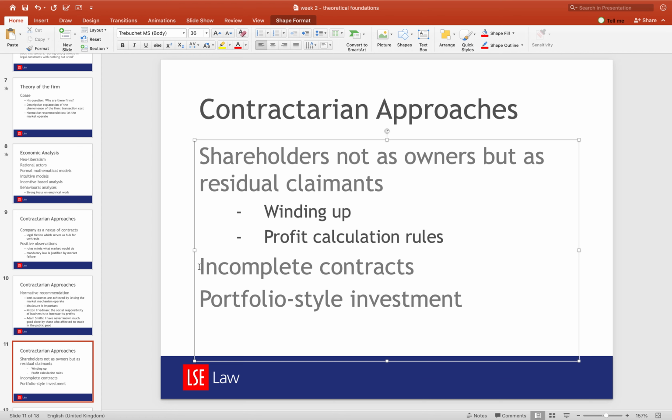And also another important fact to take into account is portfolio theory, meaning that investors are well able to protect themselves against negative outcomes by structuring their portfolios, by diversifying their investments.